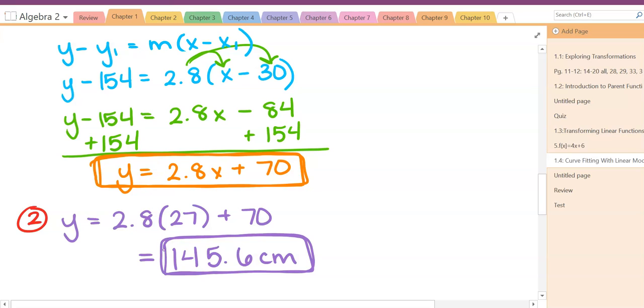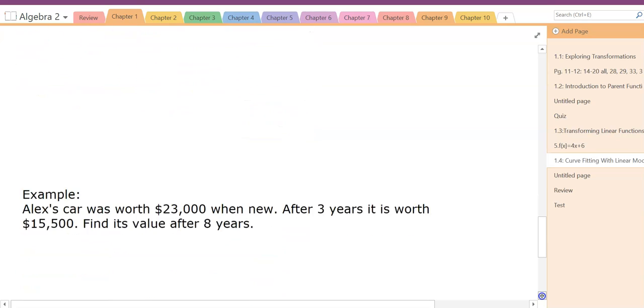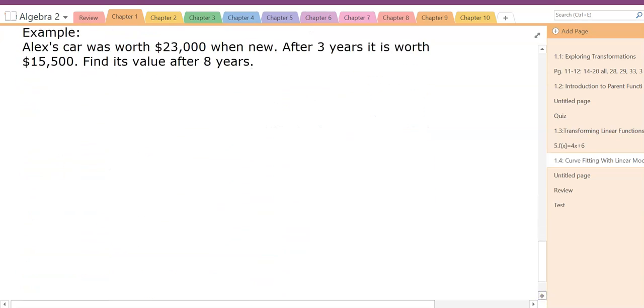The last one I have here in your packet is talking about something that's losing value over time. If things are increasing when the slope is positive, what kind of slope are we going to have if something's decreasing over time? Negative.